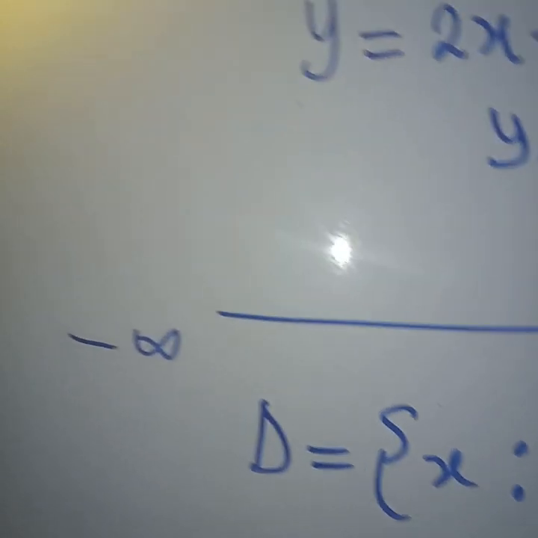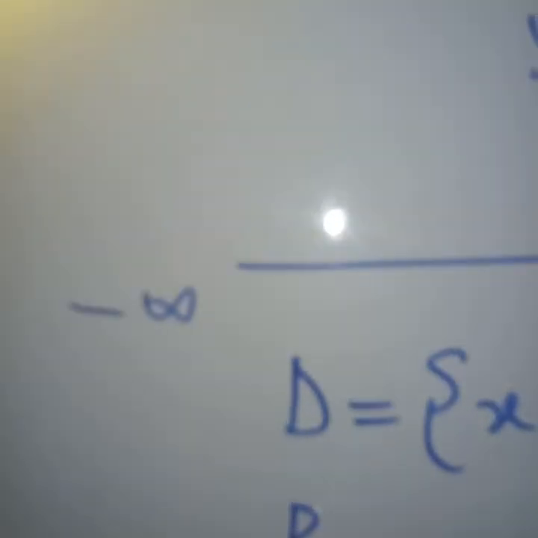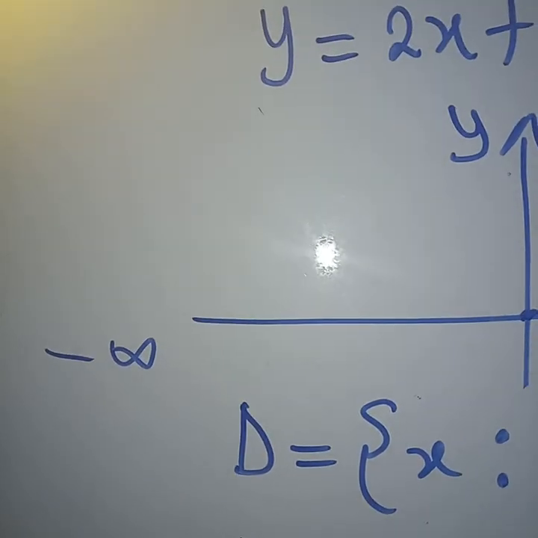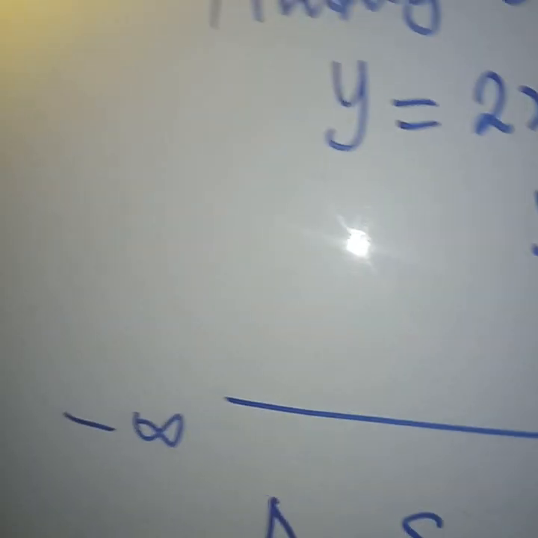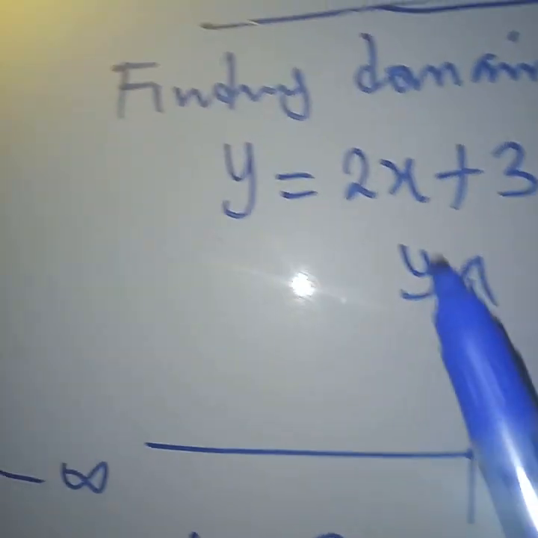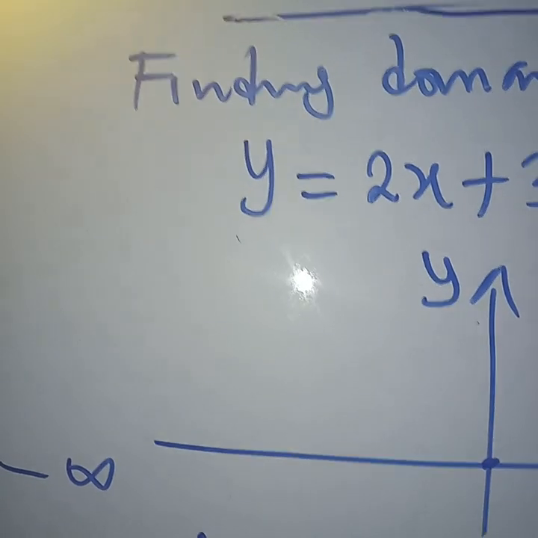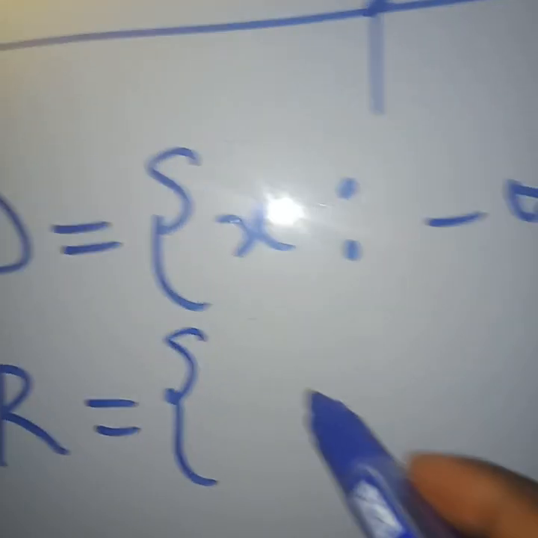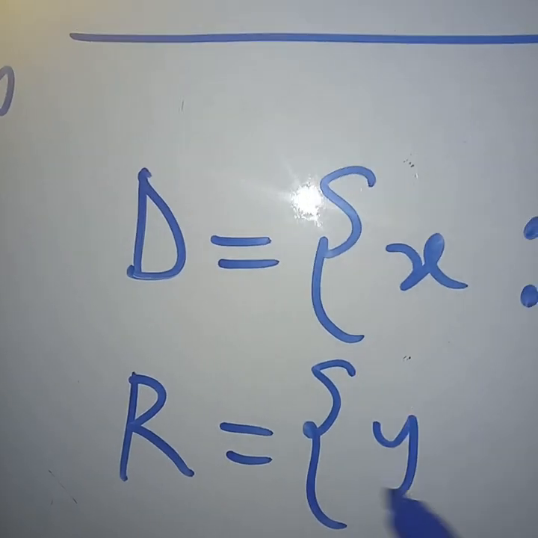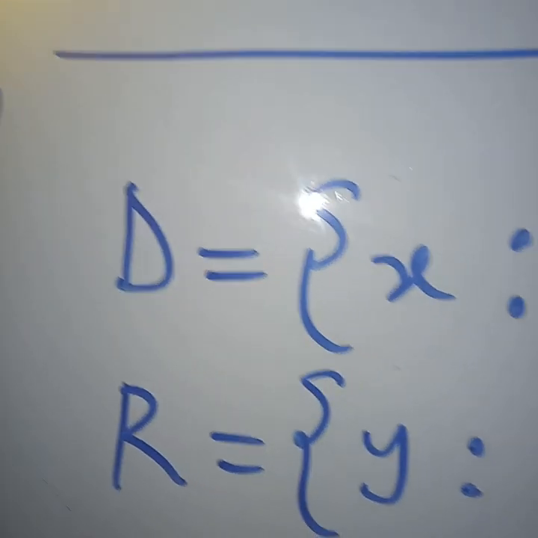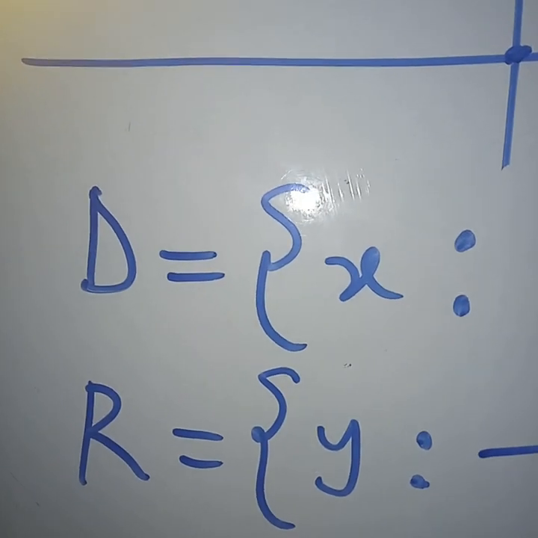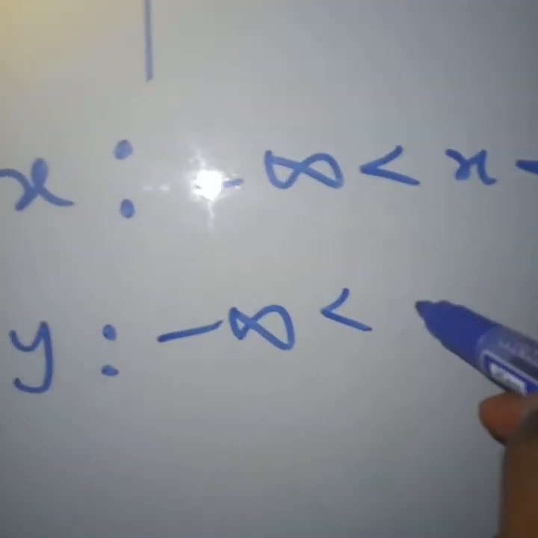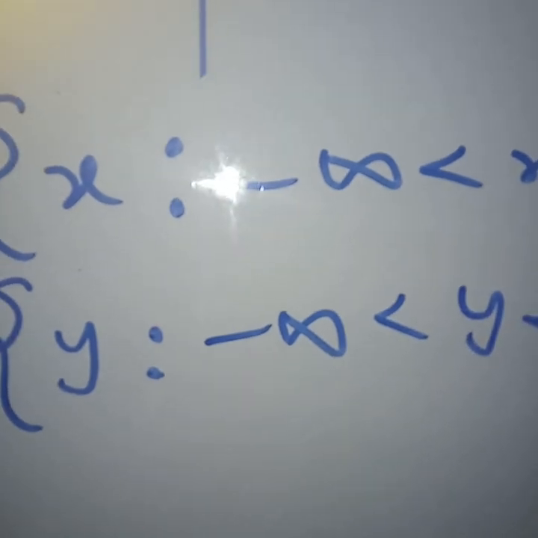And likewise, the range, which is denoted by R, since we have values for y for any x, it means the range of the function is the set of y which ranges from negative infinity to infinity.